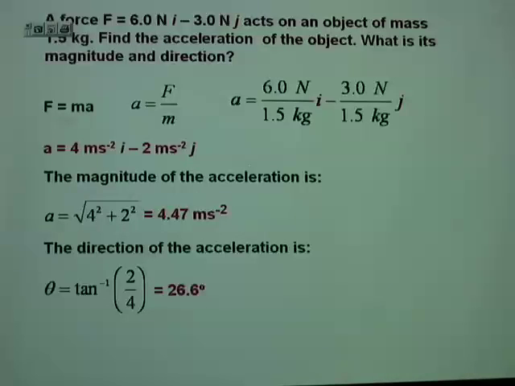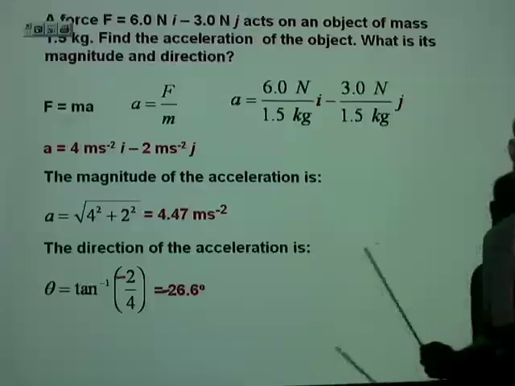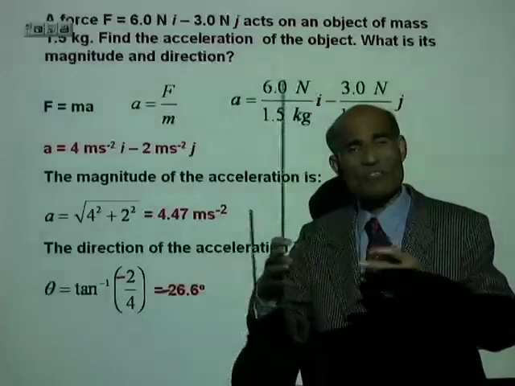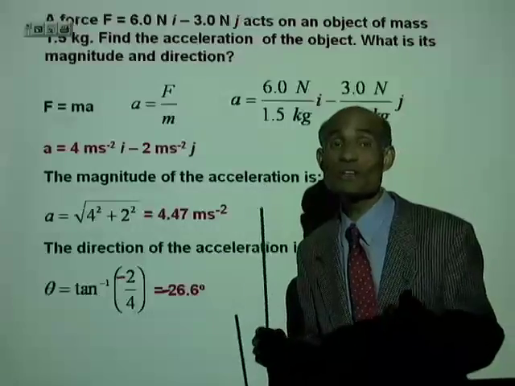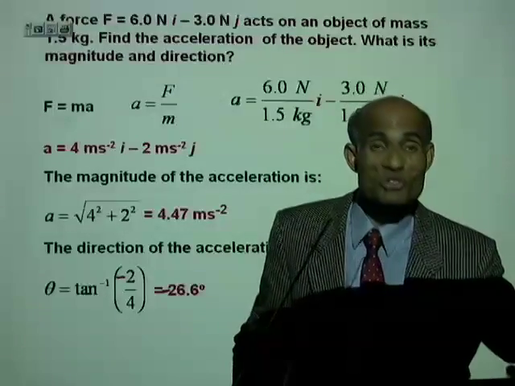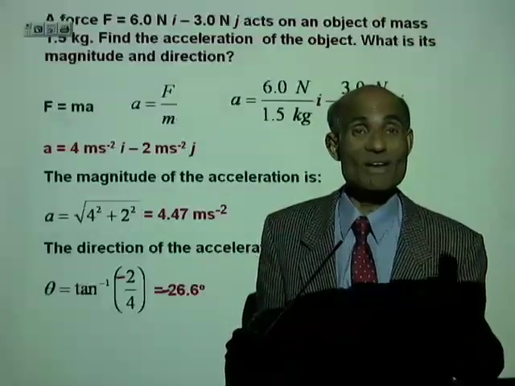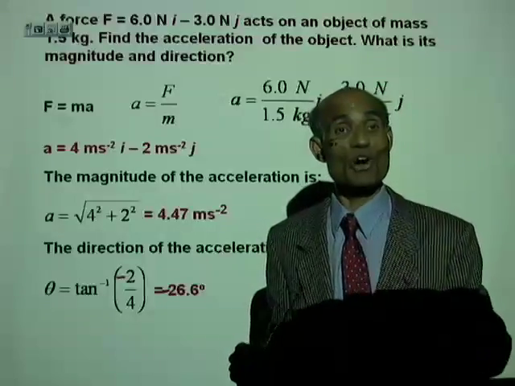Theta equals tan inverse of negative 2 divided by 4, and that is negative 26.6 degrees. I hope you now have a fair understanding of how to do problems using the equations of motion we developed in Unit 1 and the laws of motion.